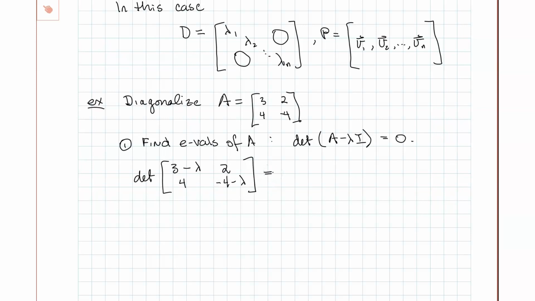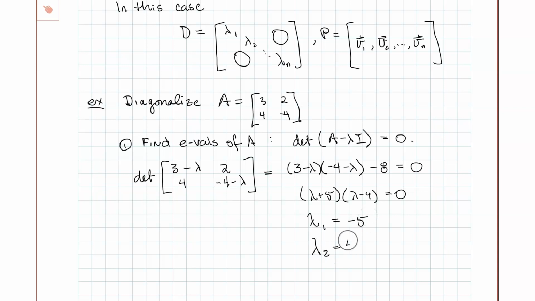And this comes out to be, let's see, it's (3 minus lambda)(minus 4 minus lambda) minus 8. We're setting this equal to 0 and solving, and if you work out the algebra, you'll get lambda plus 5 times lambda minus 4 as the factorization. So our eigenvalues are lambda equals minus 5. I'll call that one lambda 1, and lambda 2 is 4.